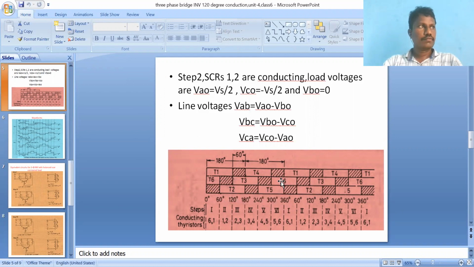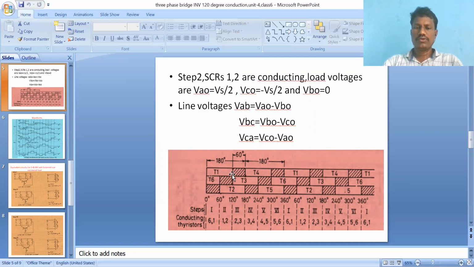Clear? So in this case, it is 120-degree conduction mode. The first limb is T1, T4. T1 conducts from 0 to 120, so I have taken 0 to 120 degrees for T1 conduction.